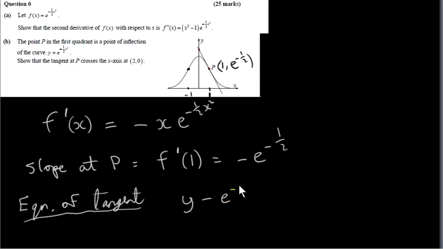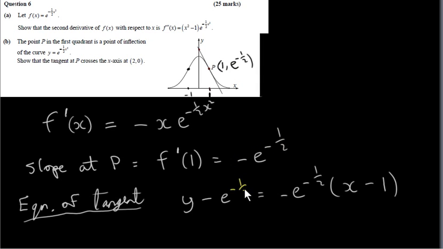I'll leave it as e to the minus a half. y minus y1 equals m, the slope, which is minus e to the minus a half, times x minus x1, the x value of the point on the line, which is 1. So this is just y minus y1 equals m times x minus x1. x1, y1 is the point, and the slope m is minus e to the minus a half.